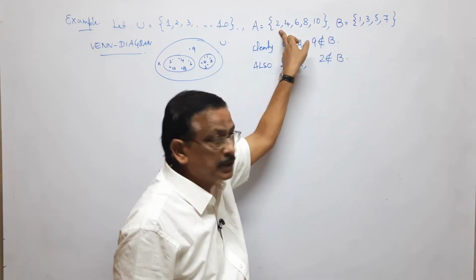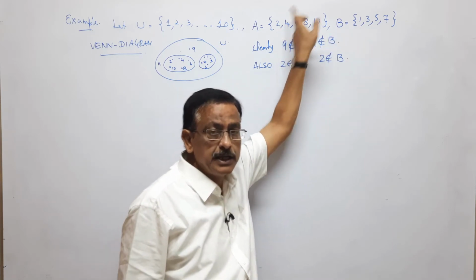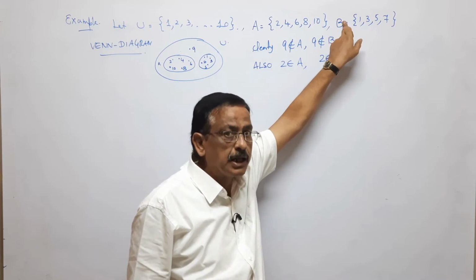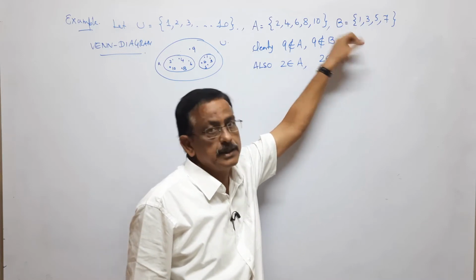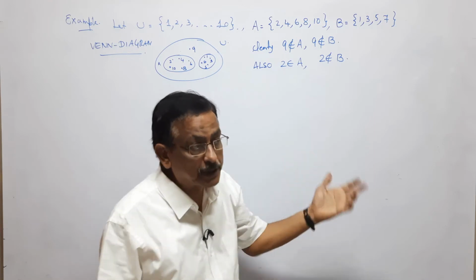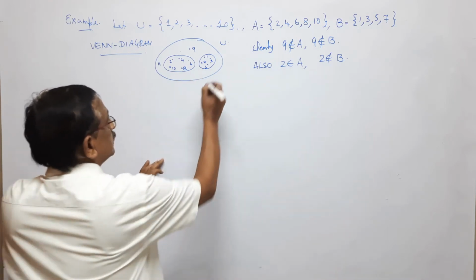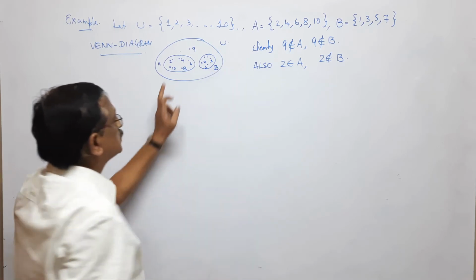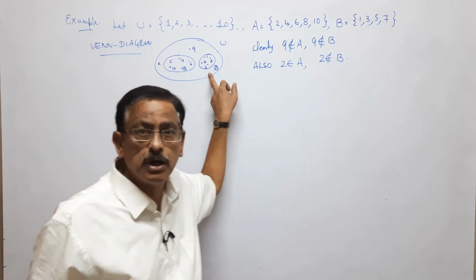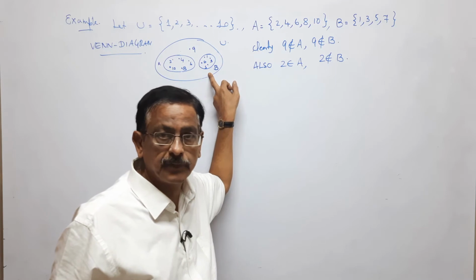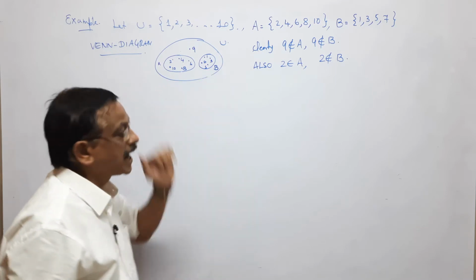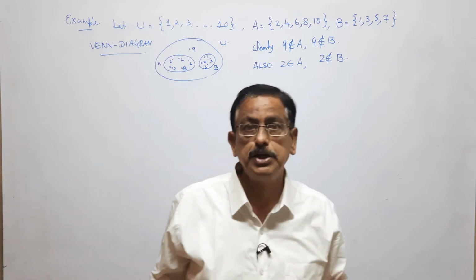If you take any element in A, that element is not in B. Similarly, any element in B is not in A. So what can you say about this? These two sets, this is B, have no common element. Such sets are called disjoint sets.